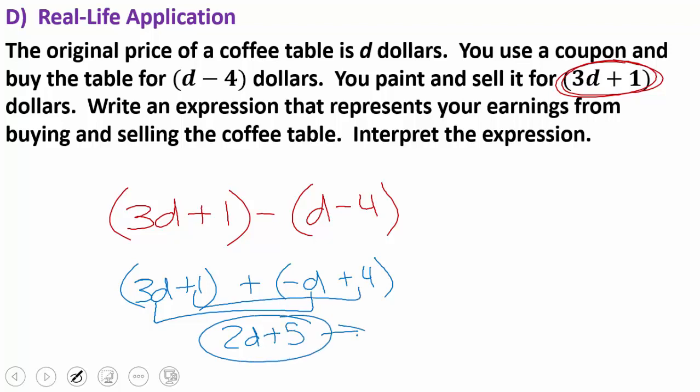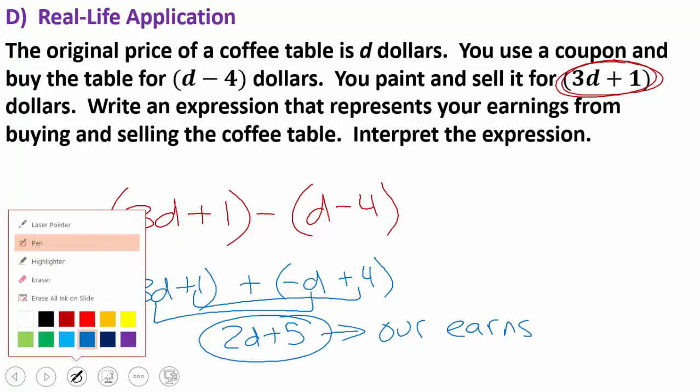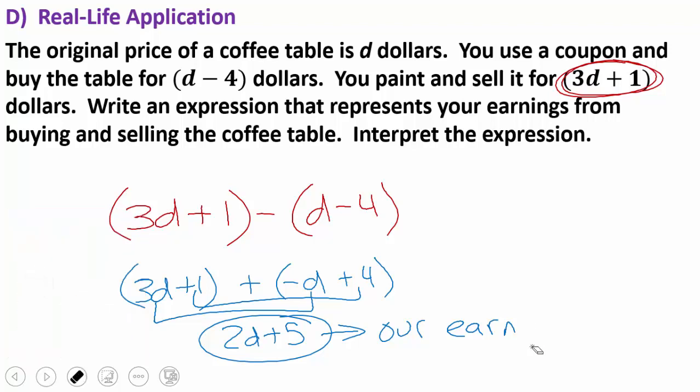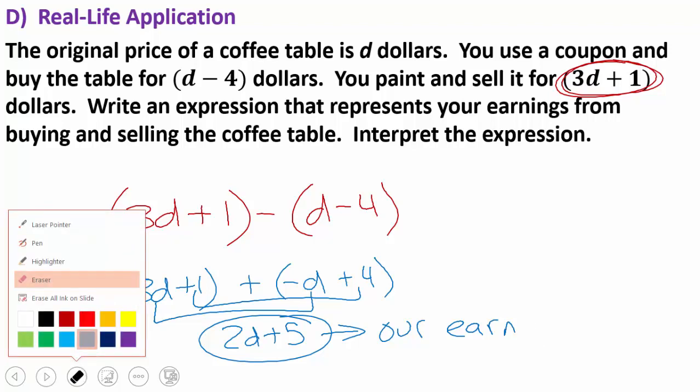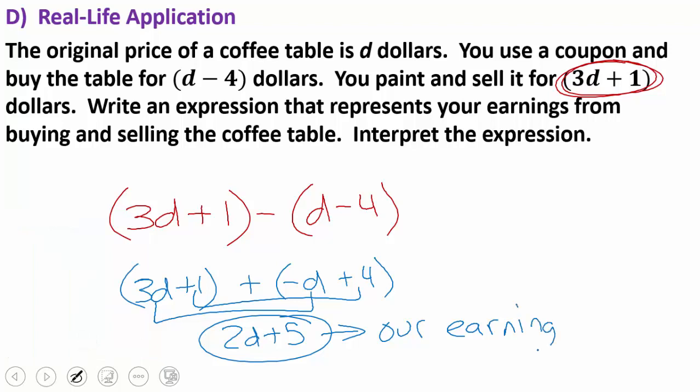So this is our earnings. Oops, E-A-R-N-I-N-G-S. I can spell once again. Even though it is math, and I have trouble spelling, I can still spell. So 2D plus 5, to interpret that expression, that is our earnings after we painted it and sold it.